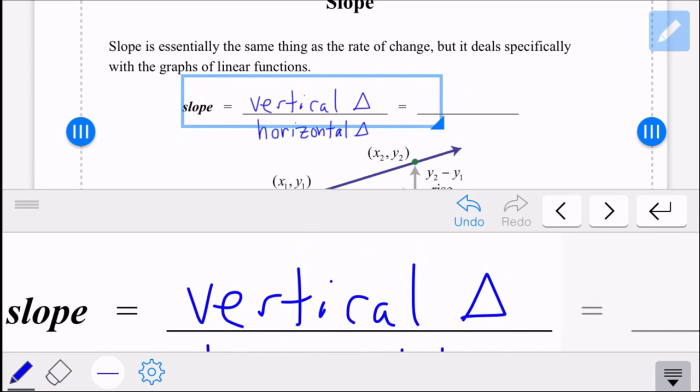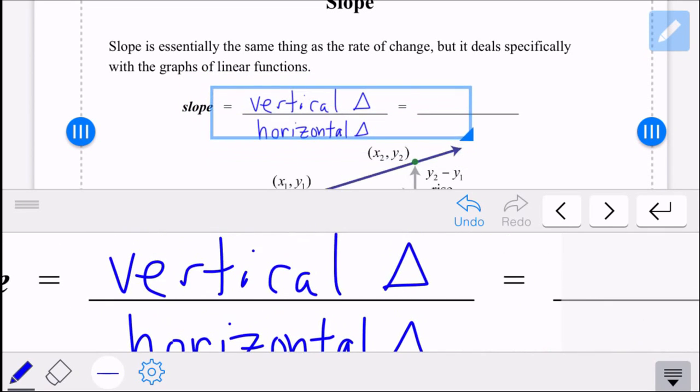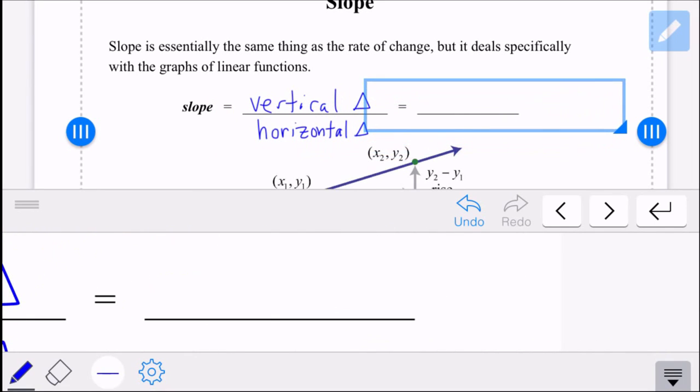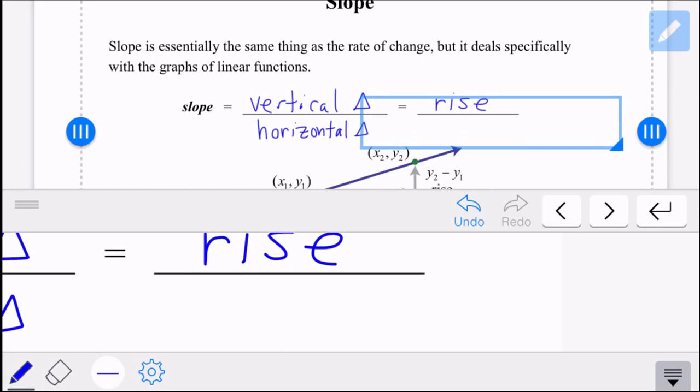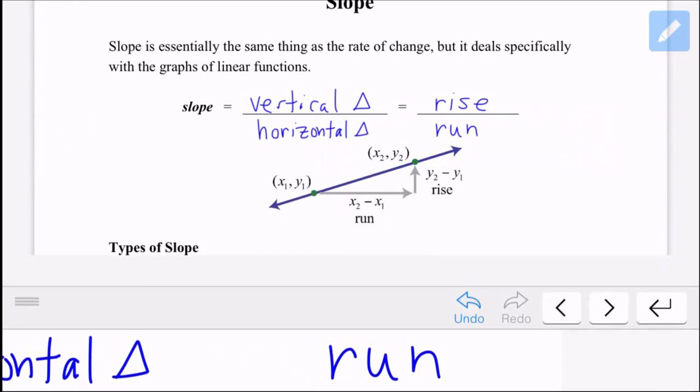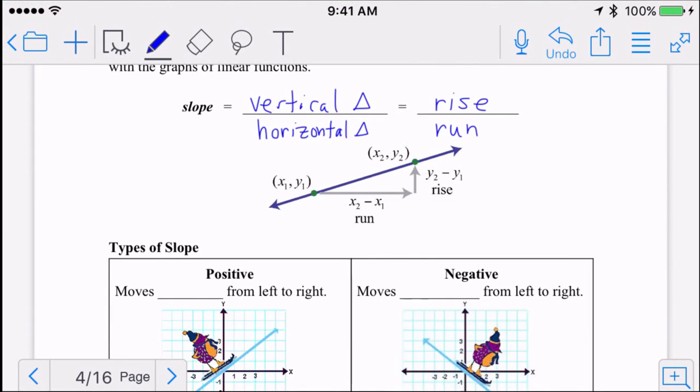So y is vertical, x is horizontal, change in y over change in x. What that is going to really be in simpler terms is just the rise of the function over its run. Many of you might have heard this before, rise over run. That's our slope.